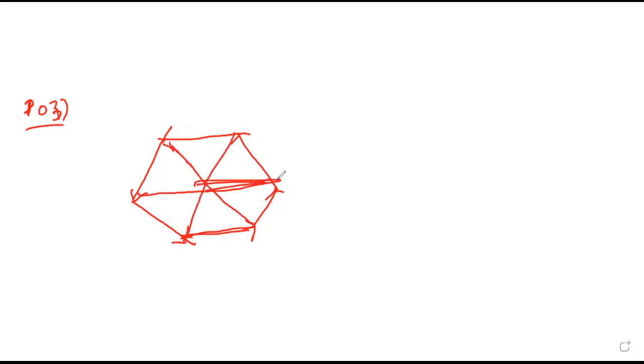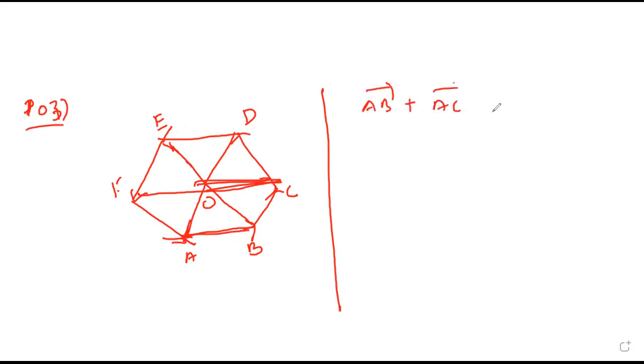This is O. A, B, C, D, E, F. What we have to find? Tell. AB bar plus AC bar plus AD bar plus AE bar plus AF bar.